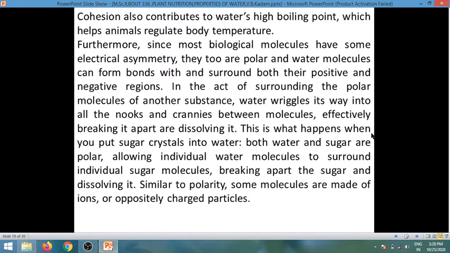This is what happens when you put sugar crystals into water. Both water and sugar are polar, allowing individual water molecules to surround individual sugar molecules, breaking apart the sugar and dissolving it. Similar to polarity, some molecules are made of ions, or oppositely charged particles.